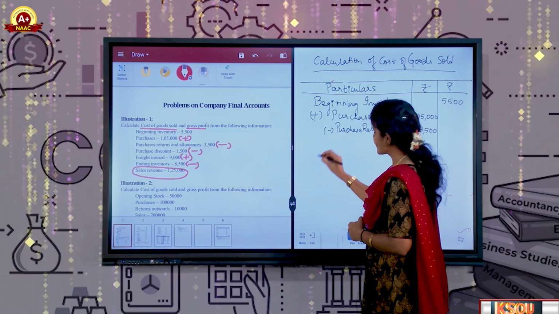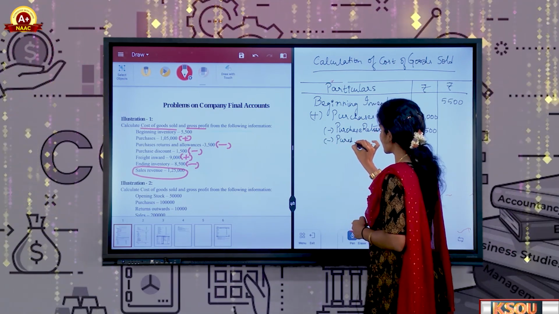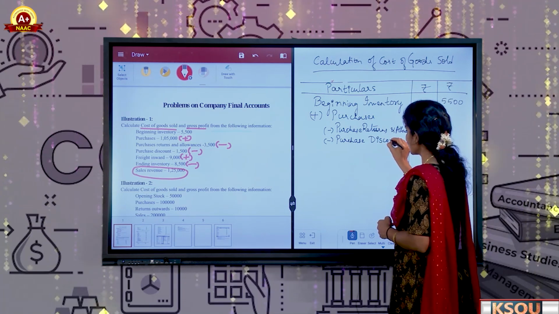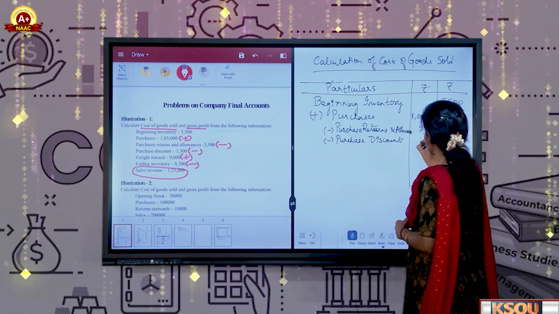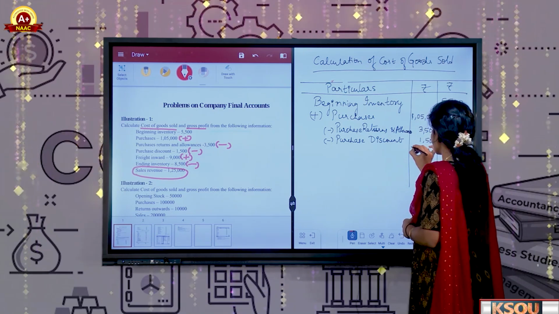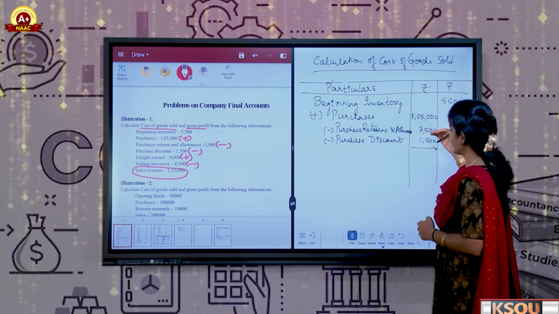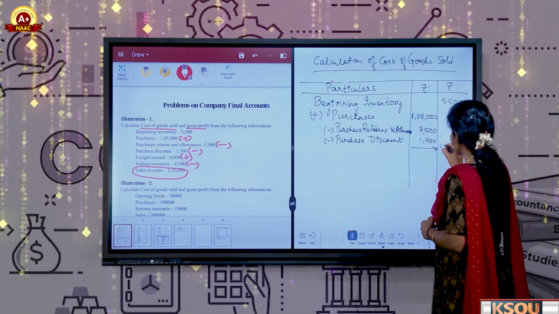Next is purchase discount. So that should also be deducted. The amount of purchase discount is 1,500. So now take this to the outer column. 1,05,000 minus 3,500 minus 1,500, it is 1 lakh.